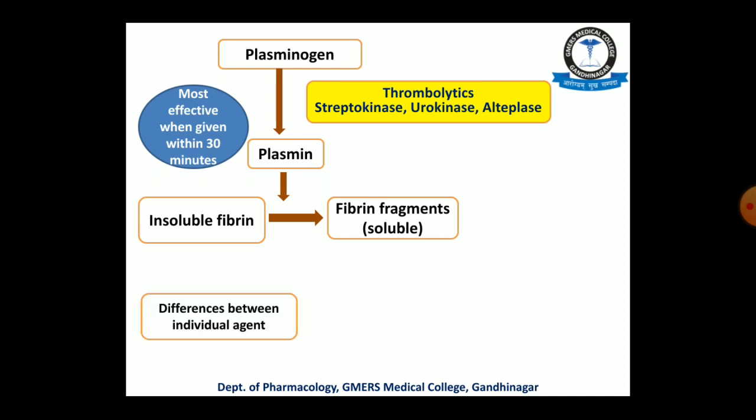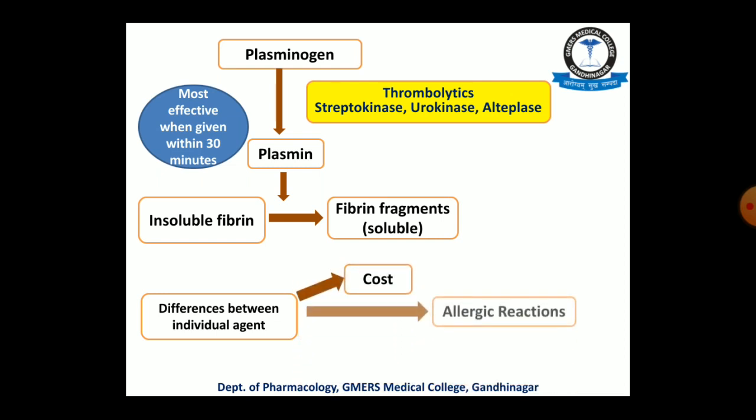Then the difference between the individual agents. We have already discussed the thrombolytics. Streptokinase was the first to be discovered, and as the name suggests, it is obtained from beta hemolytic streptococci, and it is the cheapest one, while the recombinant tissue preparation, alteplase, is costlier, and its newer congeners are even more costly. So first, the difference is in the cost.